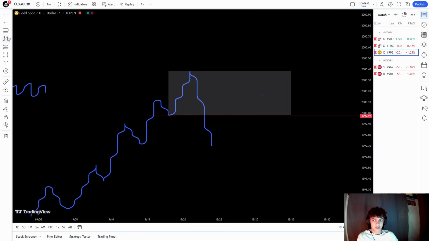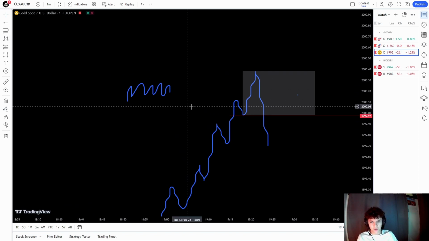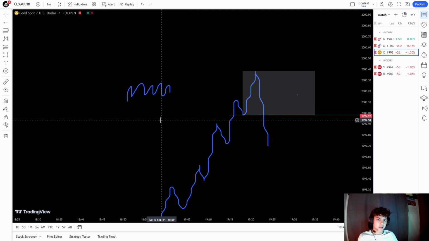In this case, the banks and the institutions that move the market want to fill as many orders as possible. So when they sweep liquidity, they fill massive orders. They take people out of the market, and people also enter the market.